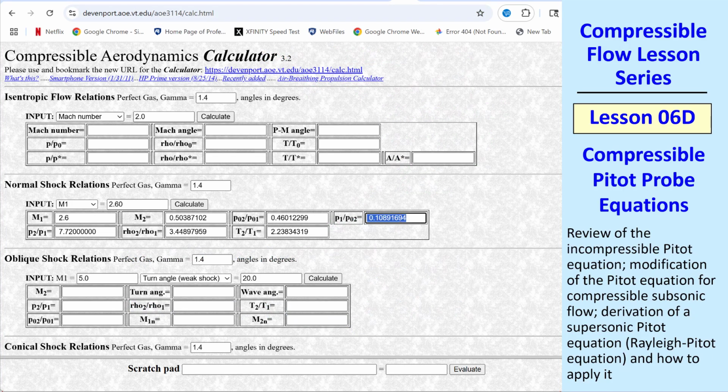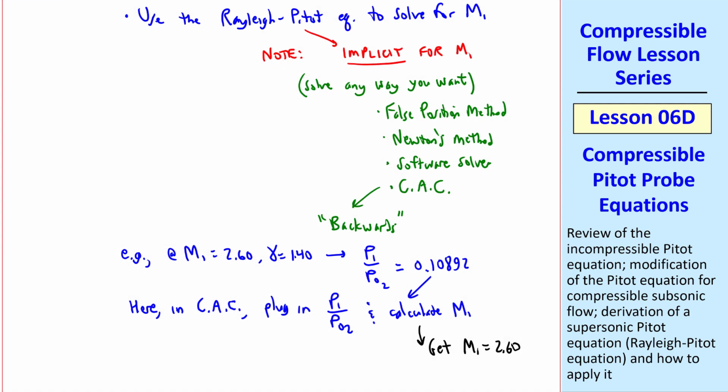Namely, let's copy this, and instead of M1, we pick P1 over P0 2 as our input. I'll paste 0.10892, the value that we had here, and calculate, and indeed, we get 2.6 as our Mach number. And I got the same number using the false position method, again verifying our equation.